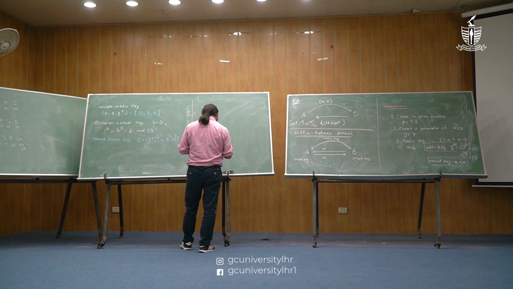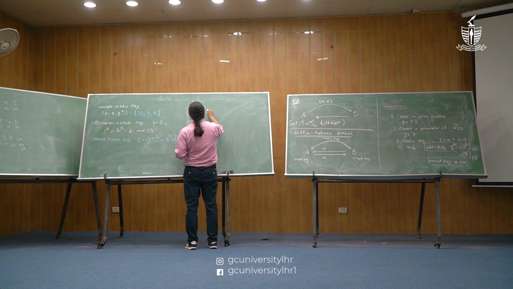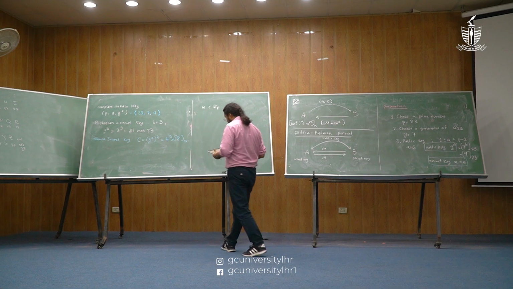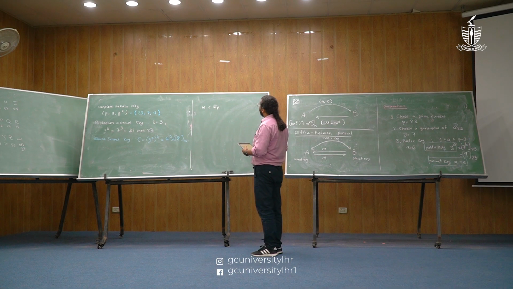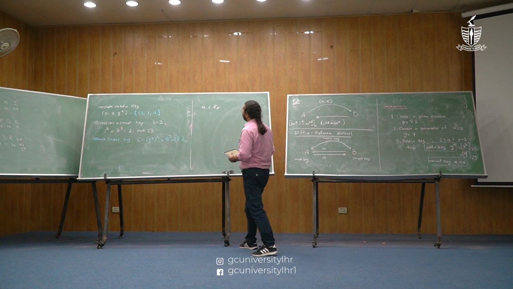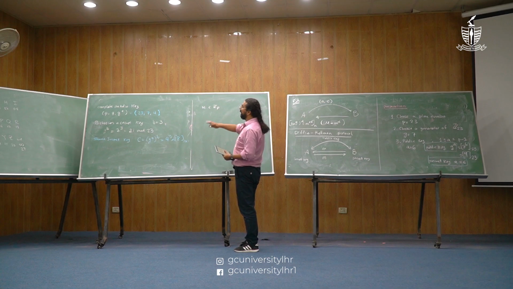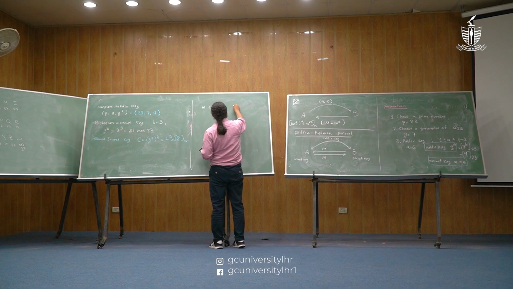Let M be the message in set P. We need something that is less than 23. So let's put M equals 7.